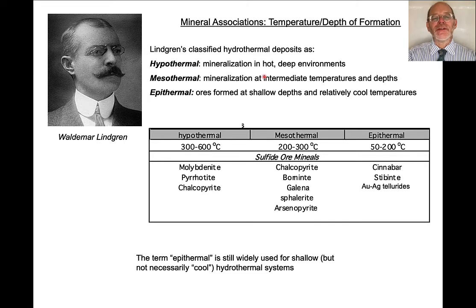Hypothermal deposits form in hot and deep environments, mesothermal deposits form at intermediate temperatures and depths, and epithermal deposits form at shallow depths and relatively low temperatures. The term epithermal is used frequently to describe shallow processes, although they're not necessarily cool.